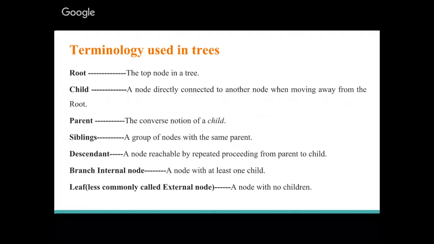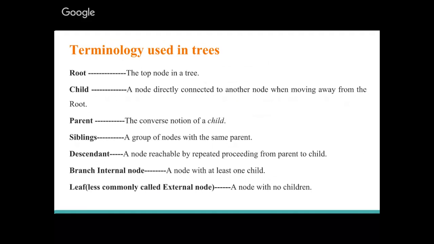So let's say you have root node A and B and C are the children. So A is also referred to as the parent of B or the parent of C. Now, B and C, since they are the child of the same parent, they are also known as siblings. Okay? It's exactly referring to your family tree, so you can correlate and understand it better.